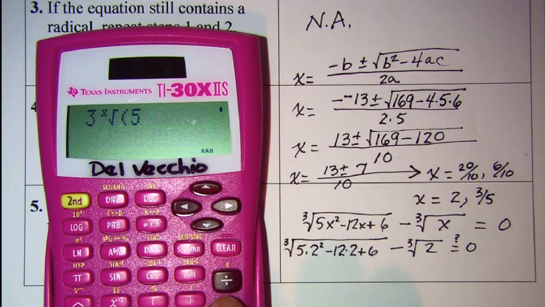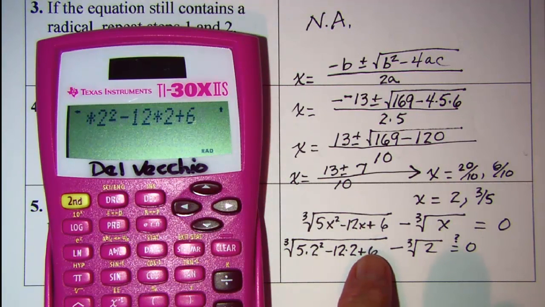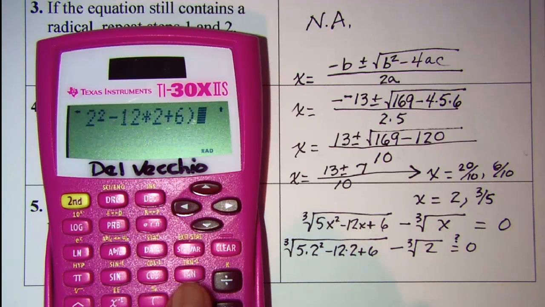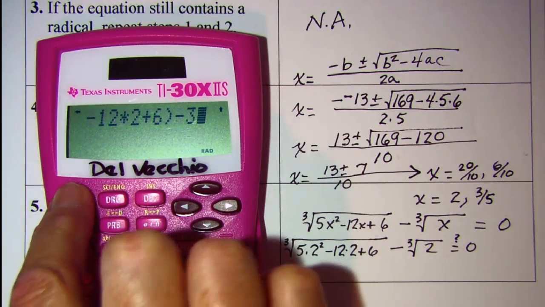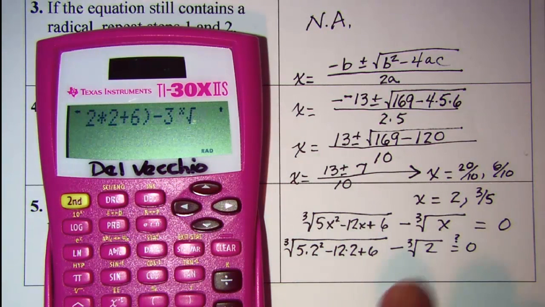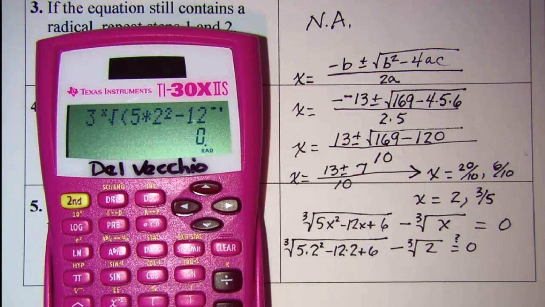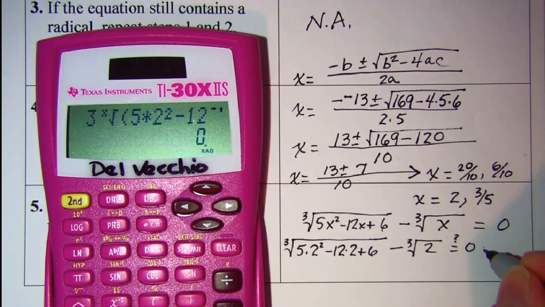So I have 5 times 2 squared minus 12 times 2 plus 6. Now I'll close up my radicand for that radical. And then subtract. And again I want a cube root, so I need to enter 3 and then the radical. And then my radicand on this one is just 2. So press enter. Hopefully I'll get a 0. Yes, I do. So this one checks.